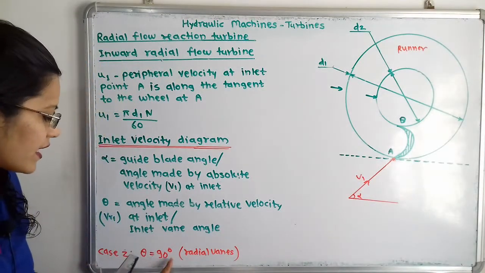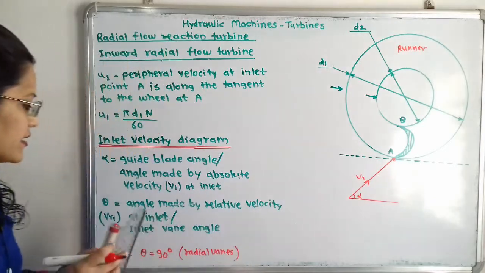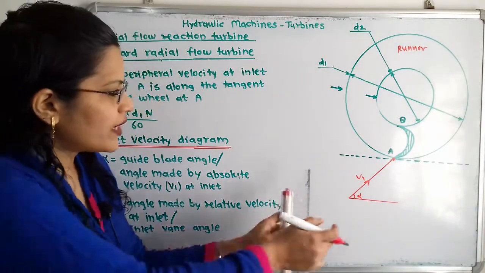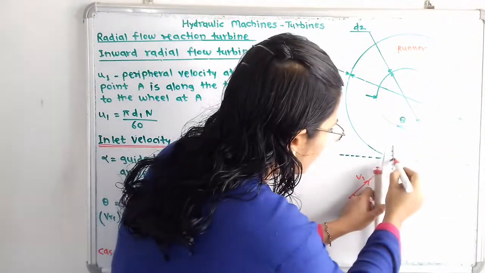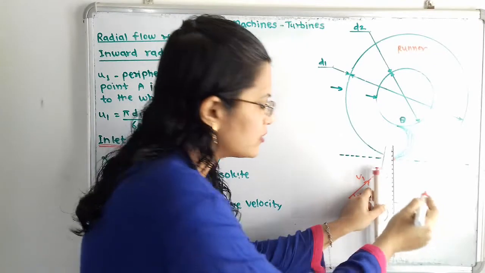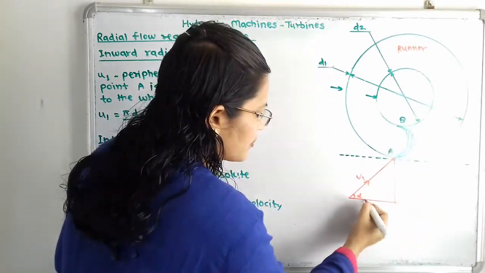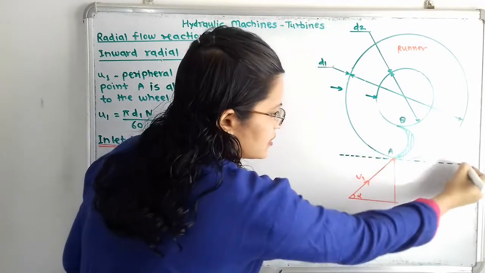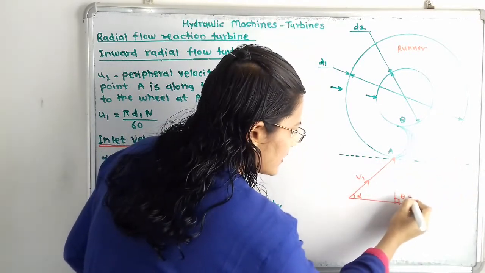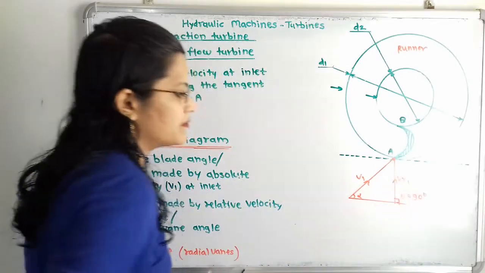Now here theta is 90 degrees. So how we can define theta? That is the angle made by relative velocity at inlet. So here I will show relative velocity at inlet, but now for this relative velocity at inlet we have to show a straight vertical line, because this line is horizontal, this tangent is also horizontal. So I will show here theta is equal to 90 degree and here this is VR1.